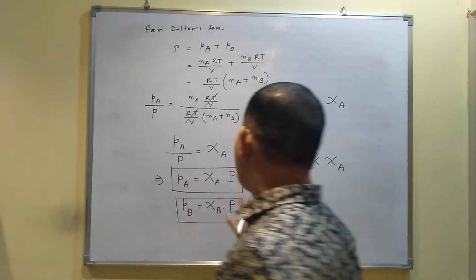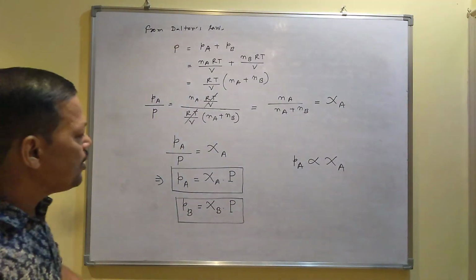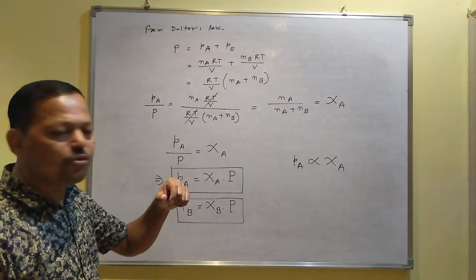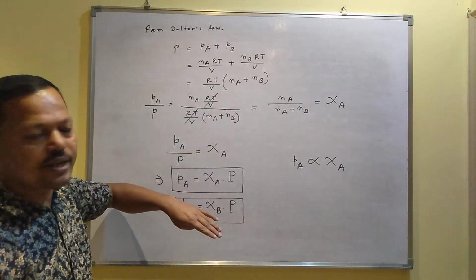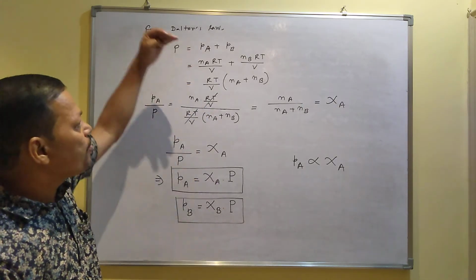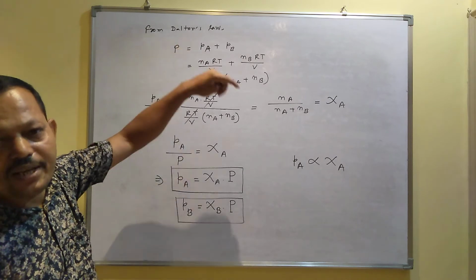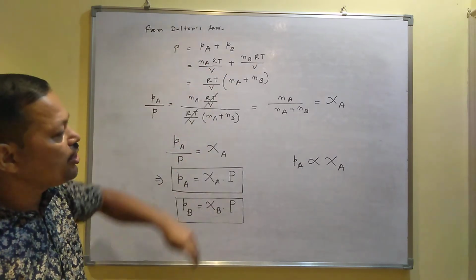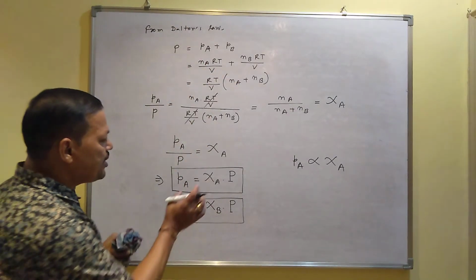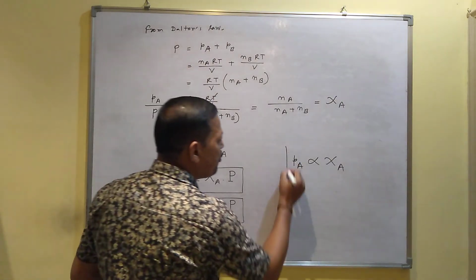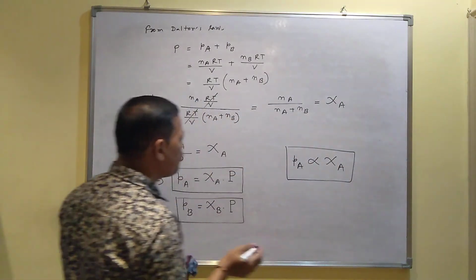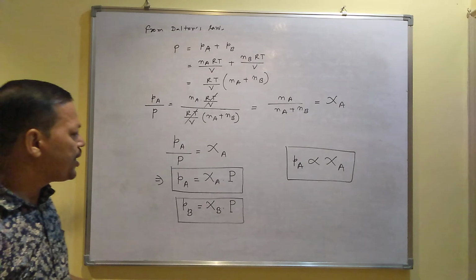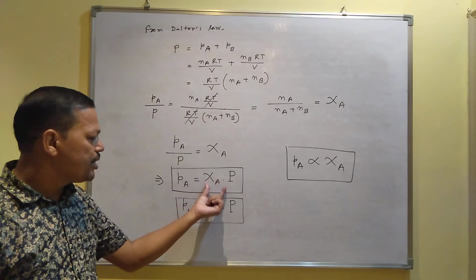But if the 2-mark question is given in your exam, then you have to derive all these things. I mean, from that point you have to write: let A and B gases be enclosed in a vessel. So these equations are very important for your numericals also. If you want to determine partial pressure of a gas, then you can apply these two formulas.